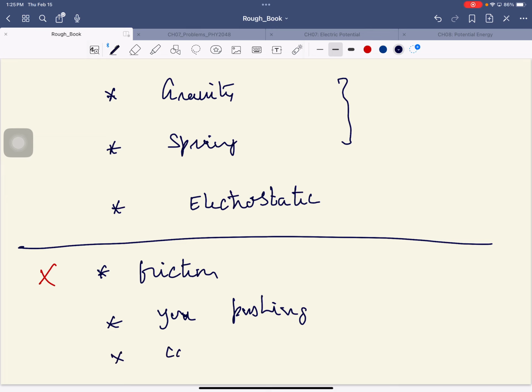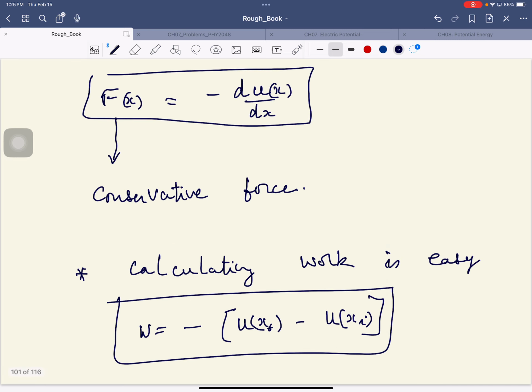Your car engine exerting a force is not it. There's a million forces that are not conservative forces. Elon Musk's rockets don't apply conservative forces. So just these 3 forces are conservative forces. So again, what is the neat thing about these forces? These forces are the negative derivative of a potential energy function.